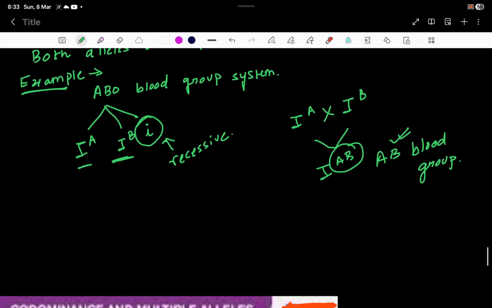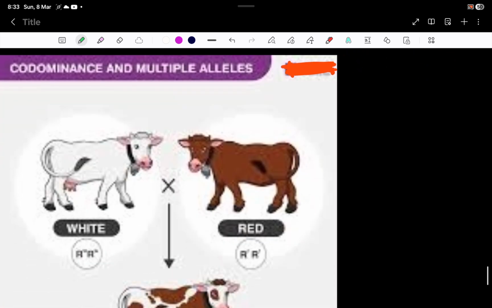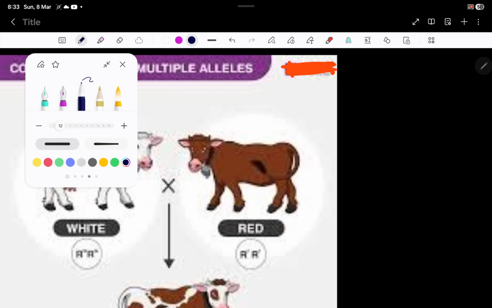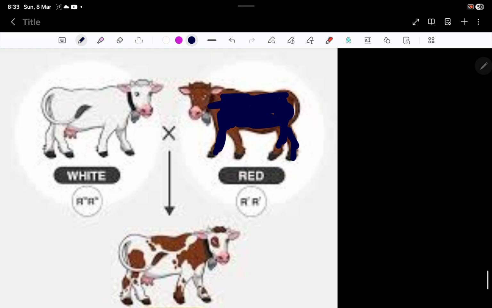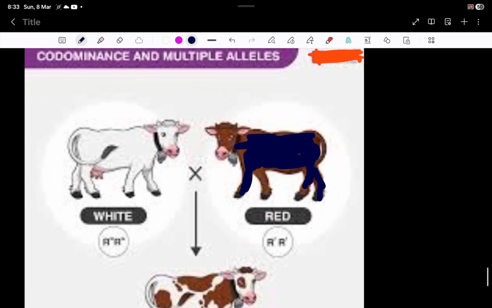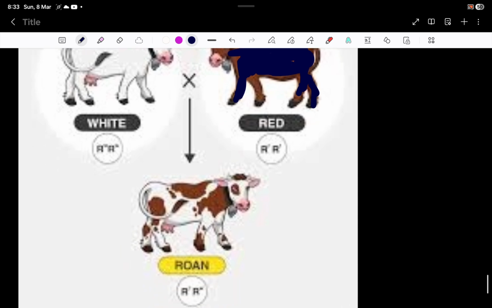So, you can just see this white cow, and suppose this is a black cow. I think you will be able to understand with it. What happens when we mix both of them?